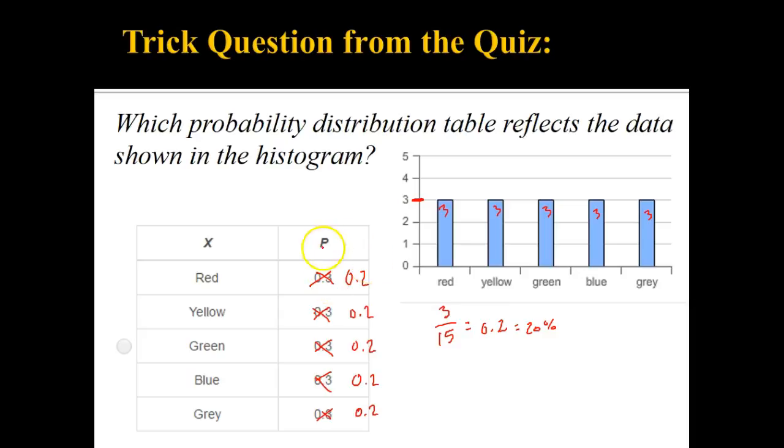Okay, you can see how that's kind of a trick question. What it's trying to do is get people who are being kind of lazy, not really thinking about what things mean, just looking for the same numbers. Oh, that number that I see on the graph shows up in the answer, that must be it. You have to think a little bit more deeply than that on these.